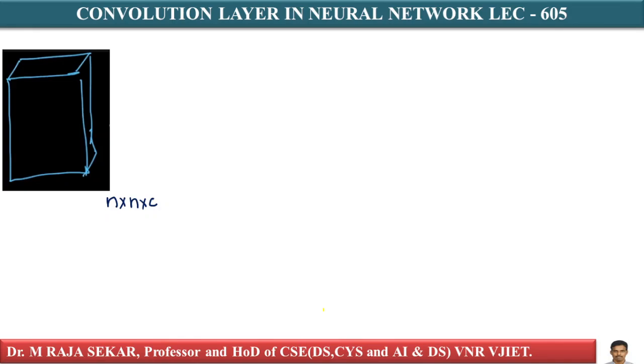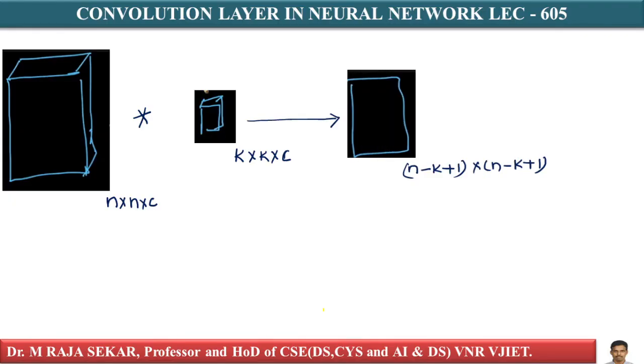I have one kernel, K cross K cross C. When I convolve these two, I get one image of size n minus k plus 1 into n minus k plus 1, if I don't do padding. This is simple convolution.